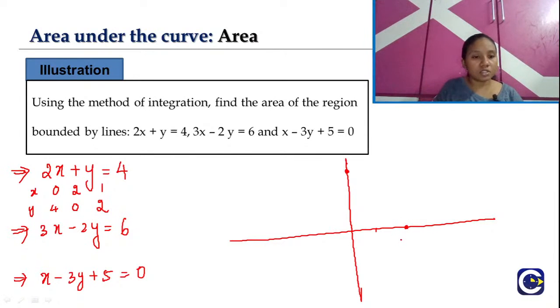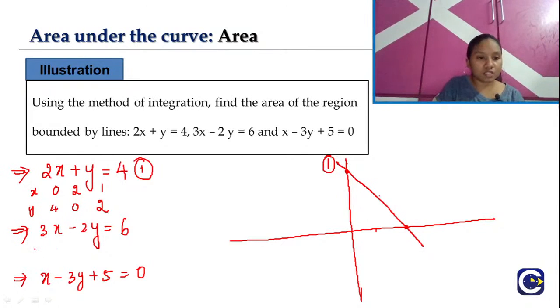And the next one, x = 1 and y = 2, will be somewhere here. So the line will be like this. The graph of our first line, 2x + y = 4, will be like this. I'm naming it the first curve, so I can write 1 here.